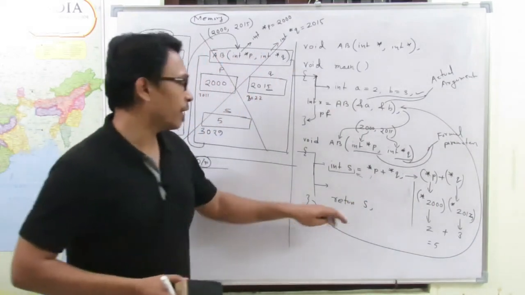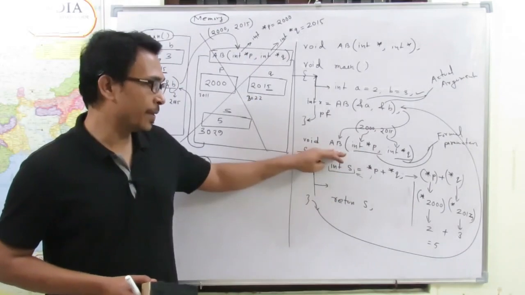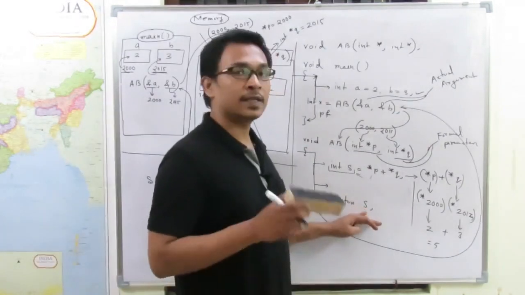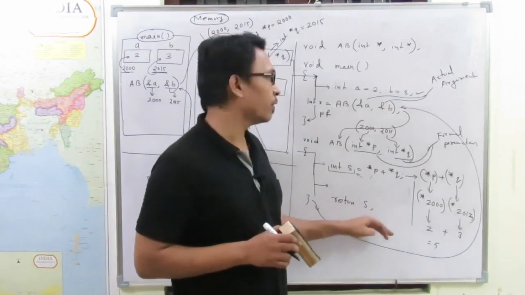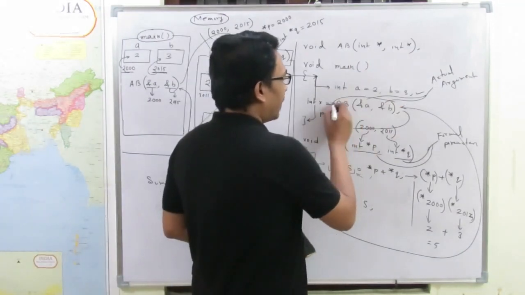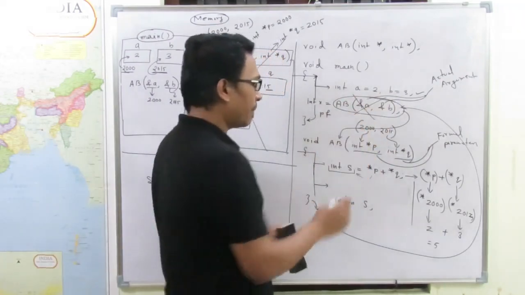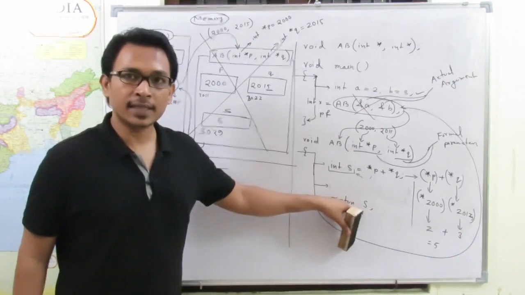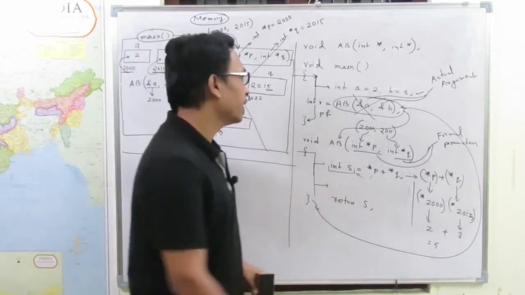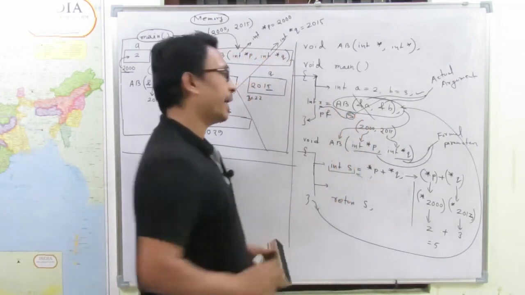That means the value of sum will be returned from this particular function AB, and we are going to receive this return value in the main function. After execution of this function, the whole statement will be replaced by the value of s, and that value of s will be stored in the variable x.